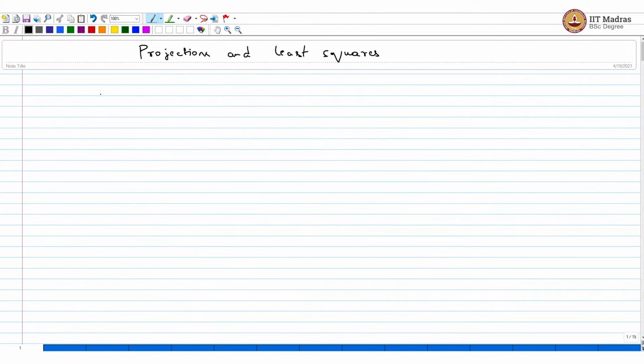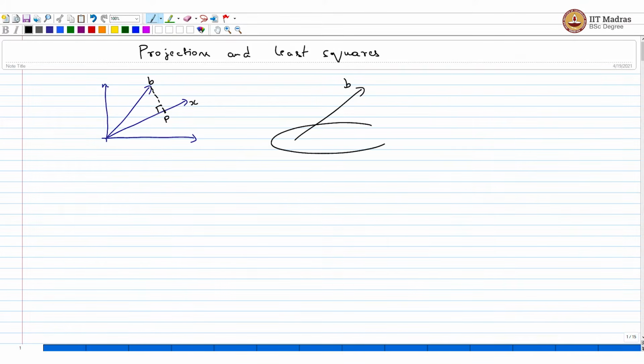So what I mean in terms of geometry is, you have a vector, you have some other line, call this B, you want to project B onto X. This is a right angle, this point is P. In general, the more general case is B is here and you have some linear space Ax.